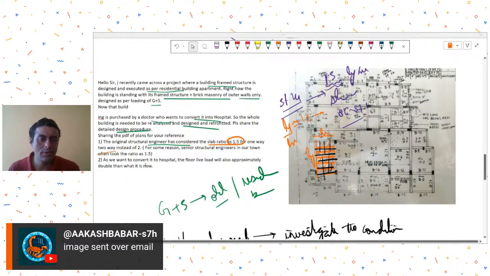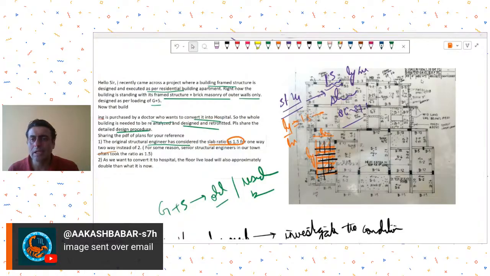Then, what is this query next? As we want to convert it to hospital, the floor live load will also be approximately double. I don't think it will be double. Even if it was residential, yes, it will be double from 2.5 to 5. But in my opinion, it will not be a problem because as per your sketch, the slab reinforcement is 10 at 150, and the slab thicknesses are around 6 inches, 4.5 inches, 6 inches.